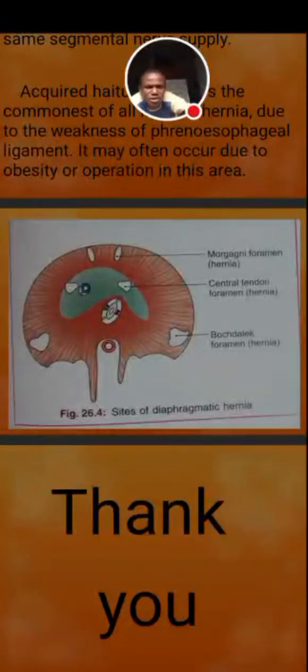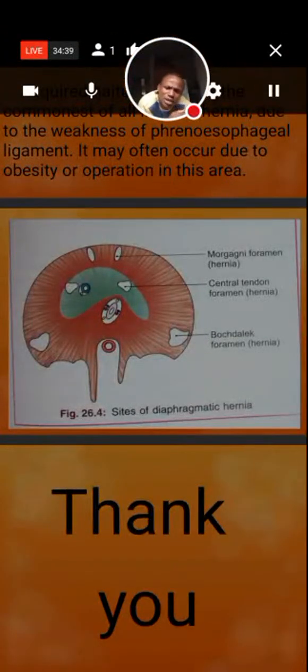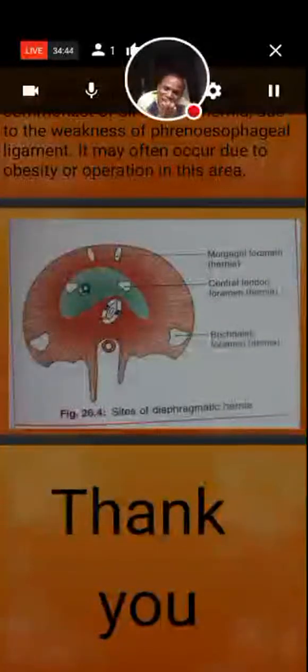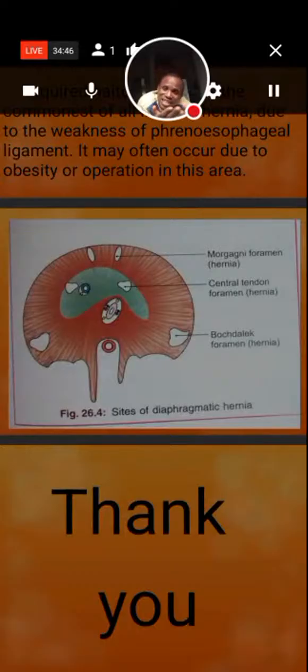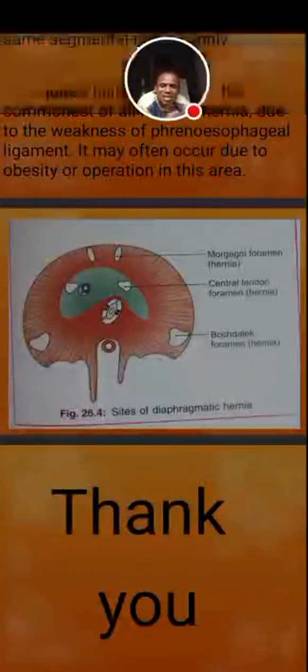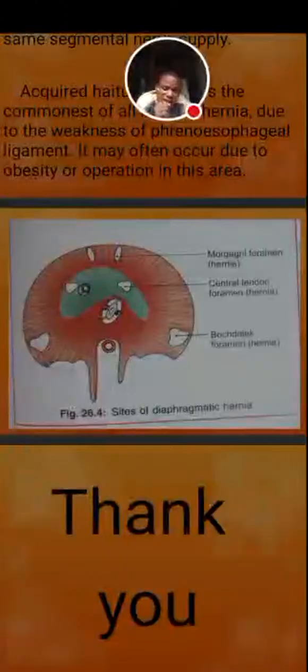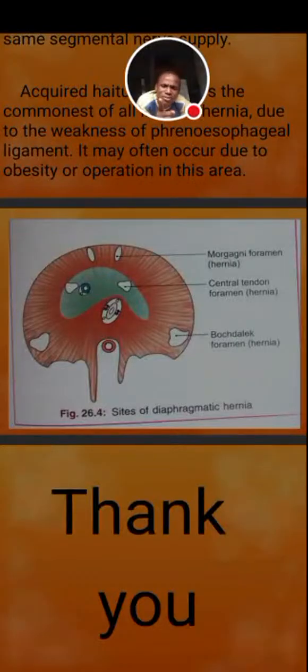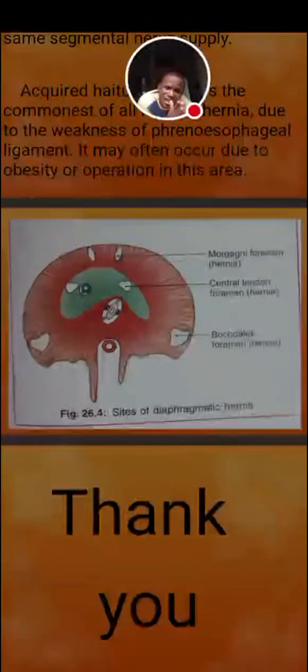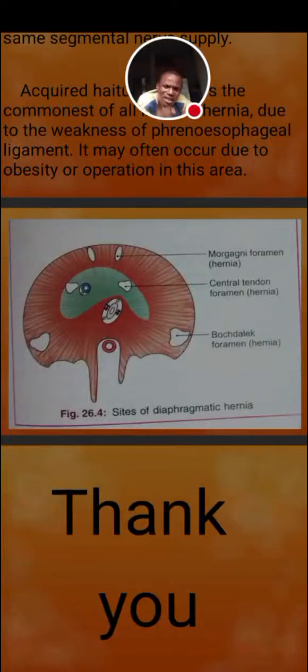There are minor openings. These minor openings, we call it SMS SHA. What does that mean? The first S stands for splanchnic nerve. That is the greater and lesser splanchnic nerve.